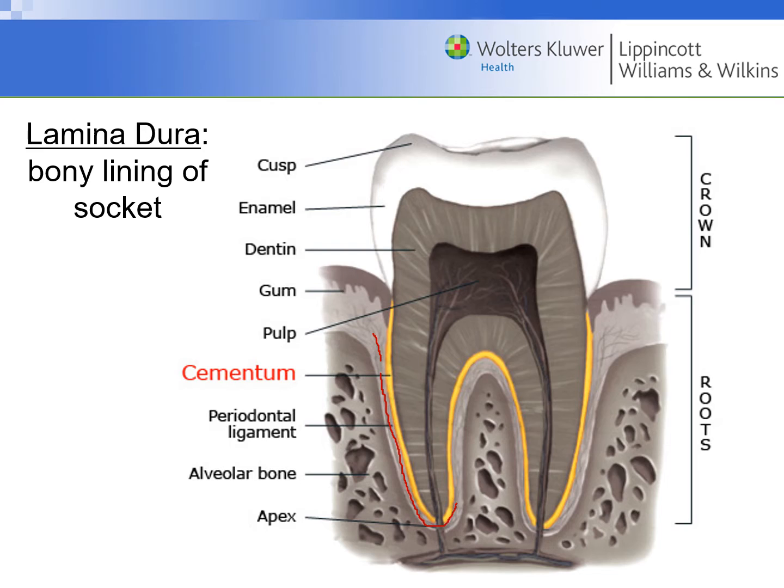That's the bony socket, right there. And then you have this cementum, and you also have the periodontal ligament in between the tooth and the cementum. This is just called alveolar bone or trabecular bone, and all of this is the bone that holds everything together.